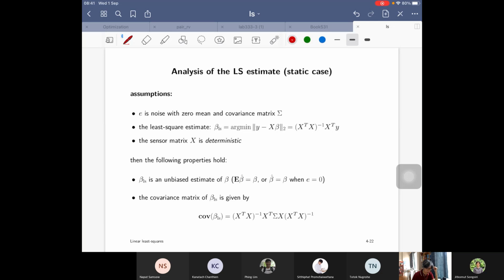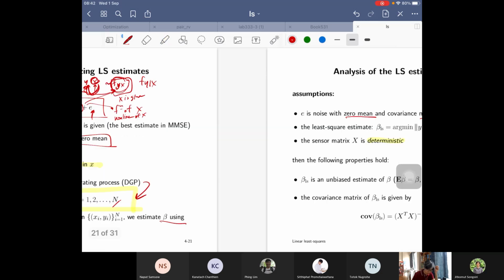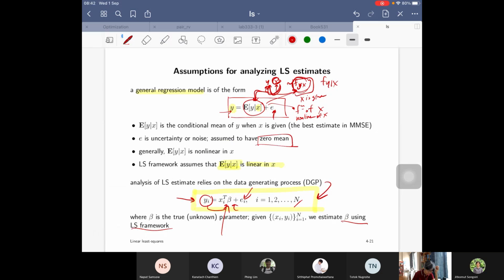I would like to split the analysis into two cases, based on the regressor matrix. In the first case, the regressor matrix is deterministic. In this setting, the vector e is zero mean with covariance matrix sigma. Let me recall that in the data generating process, when I write this equation with the index i, I try to represent that you will have n samples, n observations.